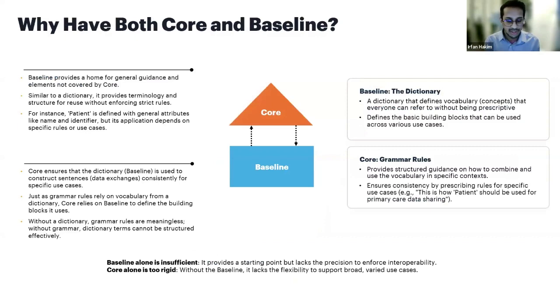for us, why do we have both a core specification and a baseline specification when we get to that national level? Why do both of these exist? Essentially, a baseline will help you align to that base FHIR specification and make it unique to Canada's legal systems, regulatory systems, some of the policy requirements.